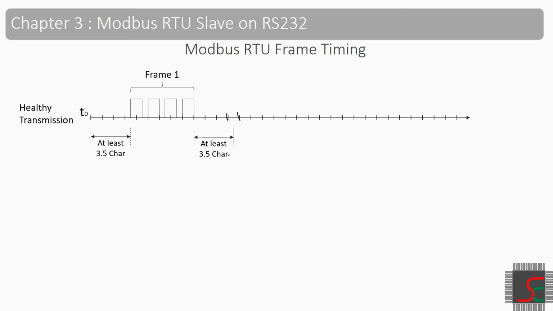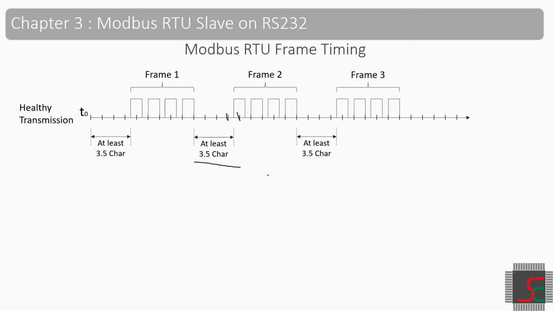Your master should take care that it sends the next frame only after the 3.5 character time has expired. Now the Modbus master will send the next frame. Similarly, the slave will wait for completion of the time and start processing the Modbus message. This duration of 3.5 characters is called the interframe delay.